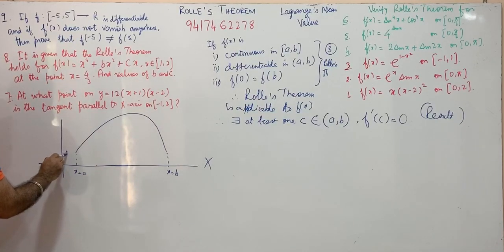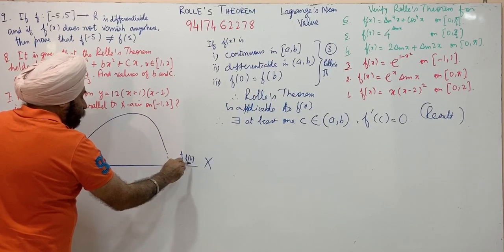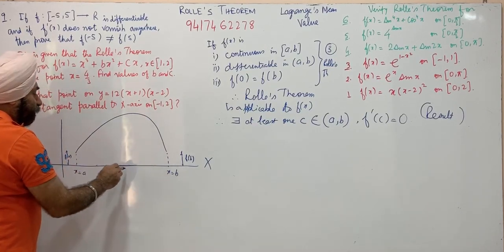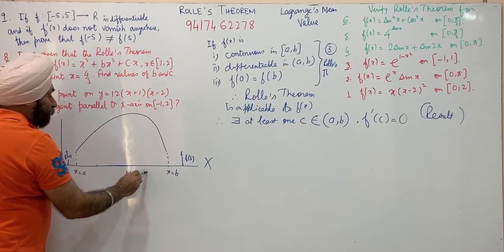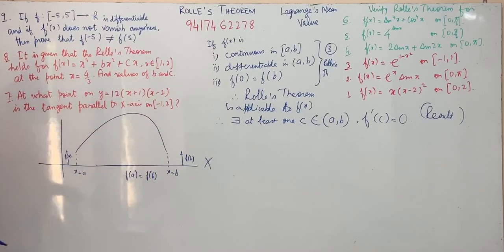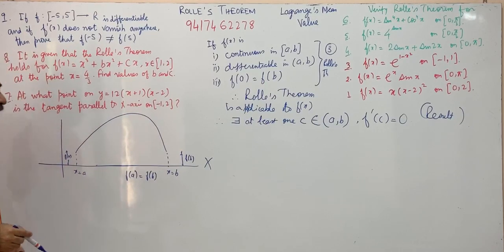This is f of a, the value of the function at x equal to a, and this is f of b. So we have taken f of a equal to f of b. So this condition holds. From the graph we can see it's a continuous function as well as a differentiable function. Therefore this function satisfies all three conditions of Rolle's theorem.